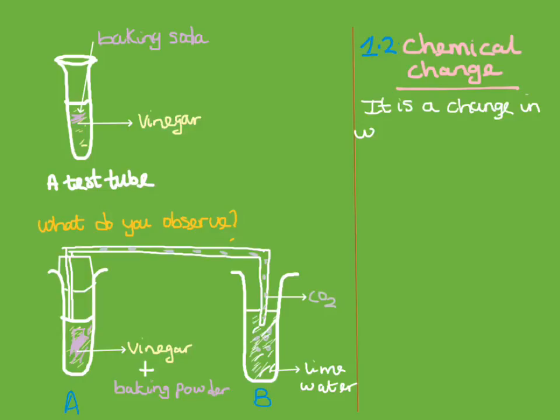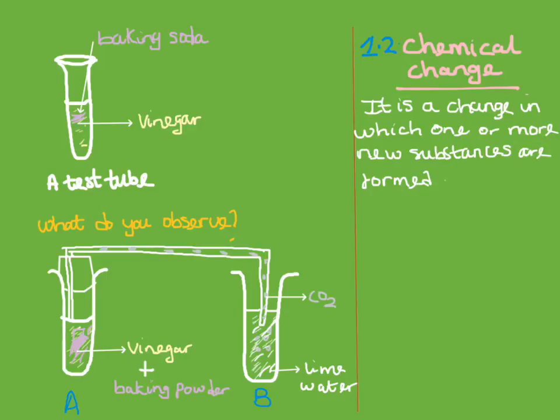It is a change in which one or more new substances are formed. It is also called a chemical reaction. Chemical changes are very important in our lives. All new substances are formed as a result of chemical changes.